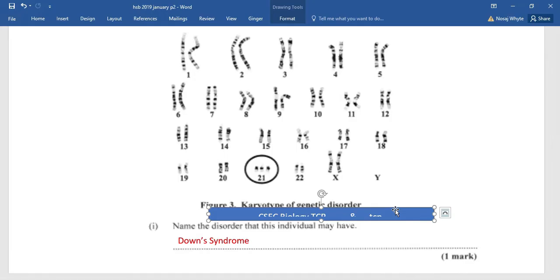Just to note that there are different types of Down syndrome, and when we think about Down syndrome, we must always bear that in mind. Like there are different types, we have to be familiar with all the types so that when we get to our questions, we can answer them with great ease.